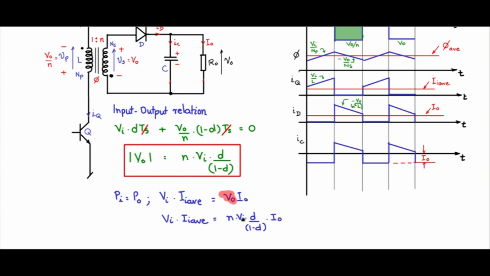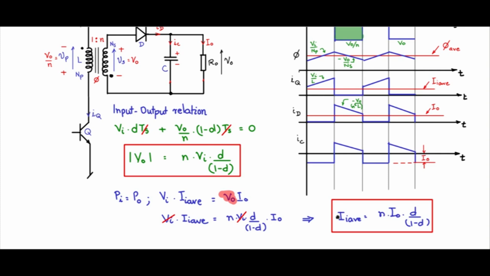If you cancel out Vi, you will have II equal to N I naught d by 1 minus d. So this would be the input output current relationship. You see that IQ has an average current, which is II average, and that value boils down to N I naught d by 1 minus d. You know d, you know N, and you know I naught, so you can evaluate that.